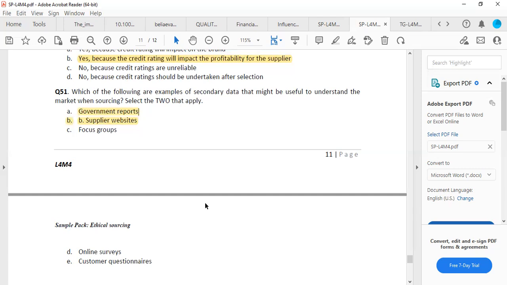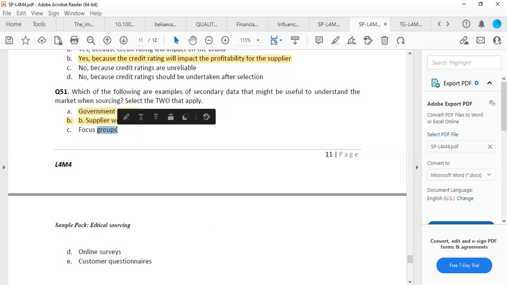Government reports could be statistical reports. Okay. Online surveys. Focus groups. That's when you conduct an online survey.